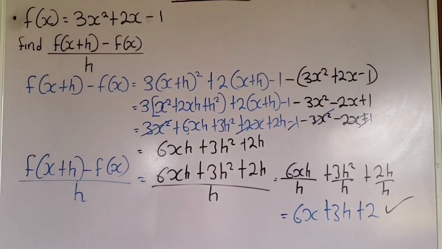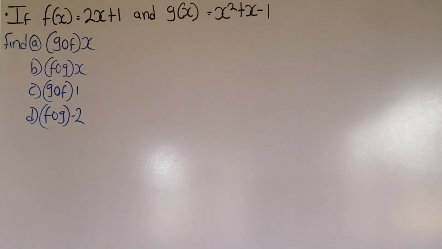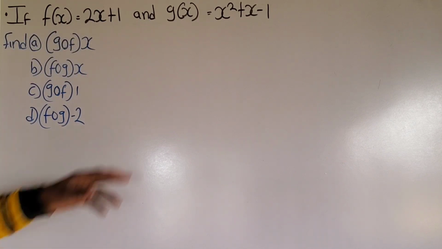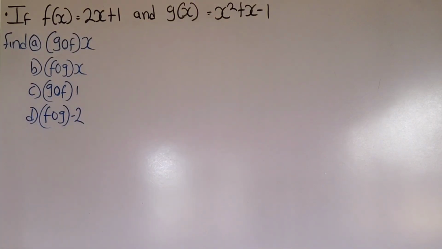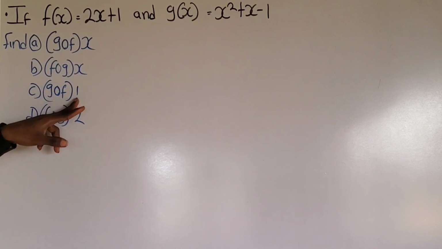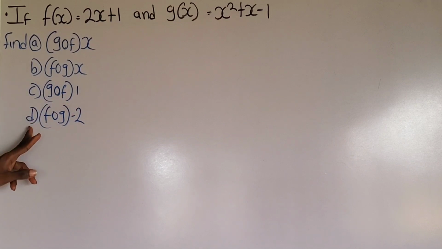So let's look at one more example. Okay, let's consider the question that we have on the board. We have, if f of x is equal to 2x plus 1 and g of x is equal to x squared plus x minus 1, find a, g of f of x; b, f of g of x; c, g of f of 1; d, f of g of minus 2.